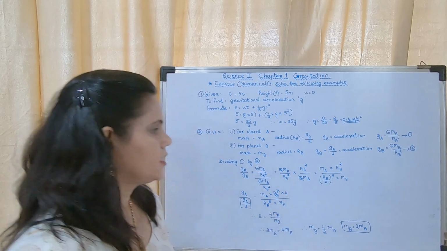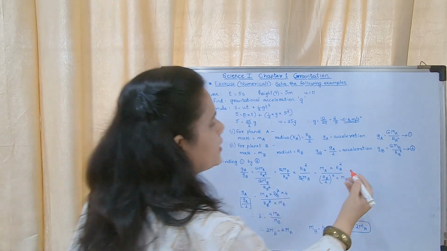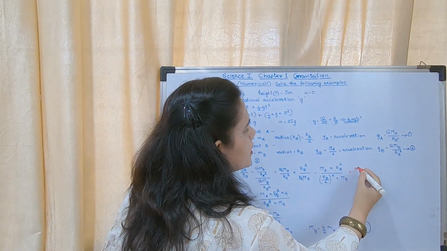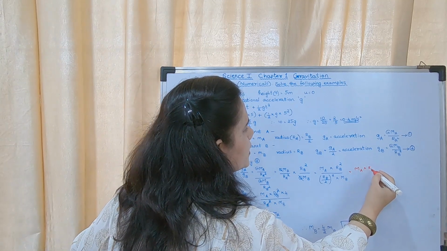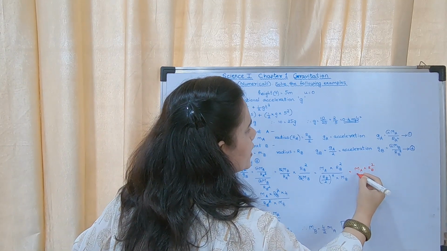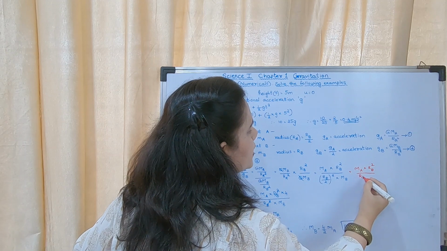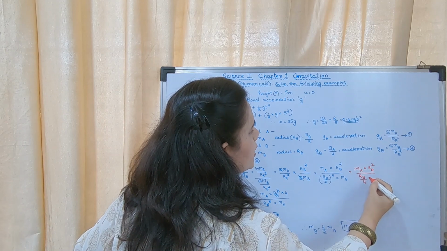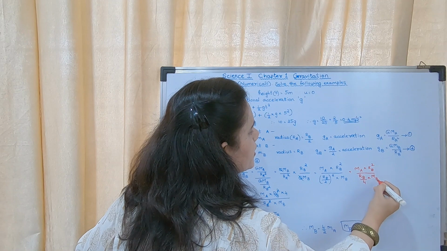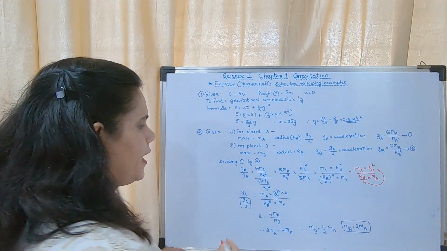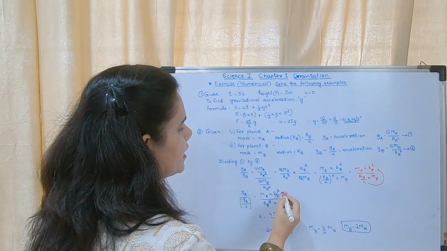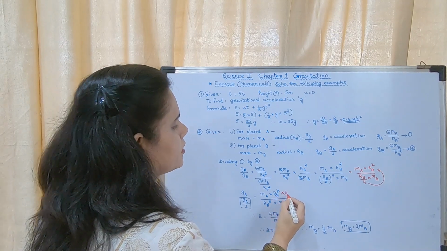I will show one equation here: MA into RB square upon RB upon 4 into MB. This 4 will come here, so I have written that 4 here.